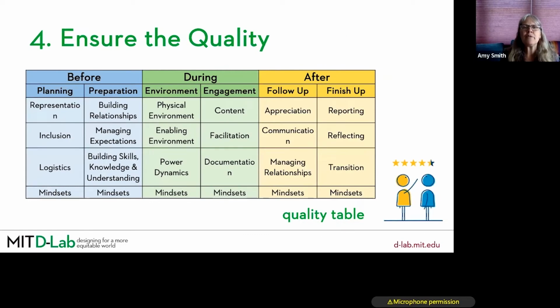And then finally, we've developed what we call the quality advisor. And this is something where you can look at what happens before, during, and after a participatory event or a co-creative event. And you want to make sure that before the event, you have planned and prepared things effectively so that participation can happen effectively during the session.